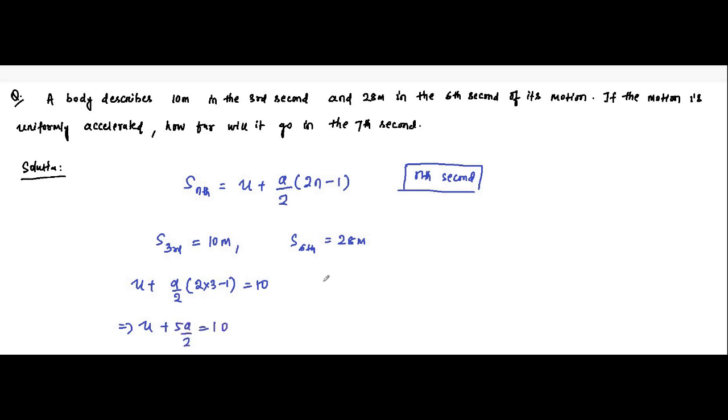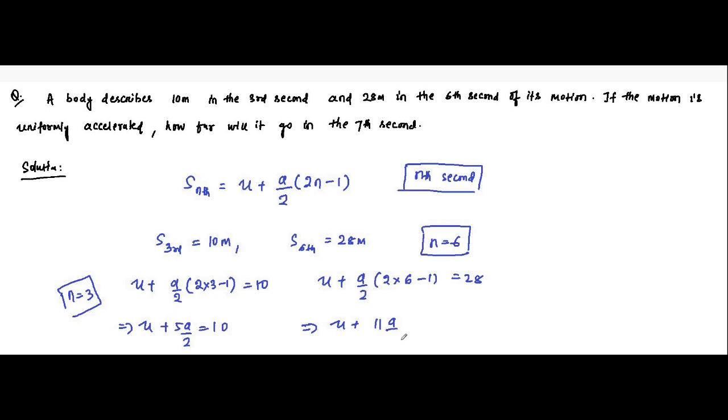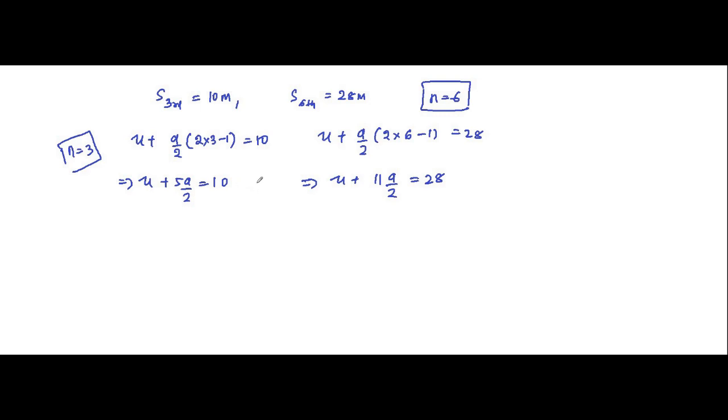And here this is u plus a by 2 into 2 into 6 minus 1. Here we are just substituting n with the respective values: n is equal to 3, here n is equal to 6. That is equal to 28. That implies u plus 11a by 2 is equal to 28. These are the two equations that we have, equation 1 and equation 2.